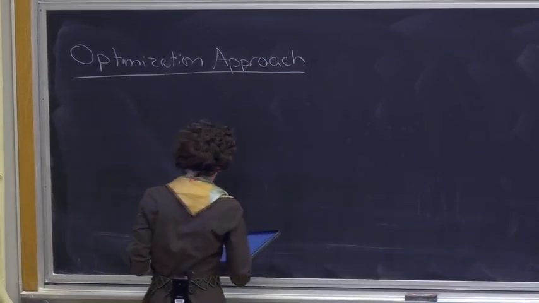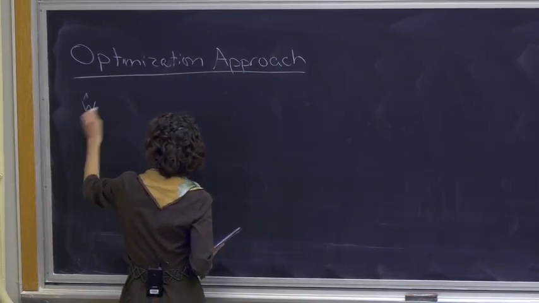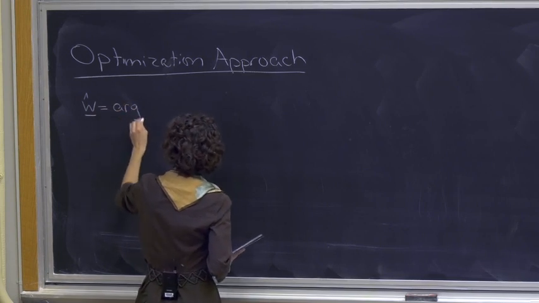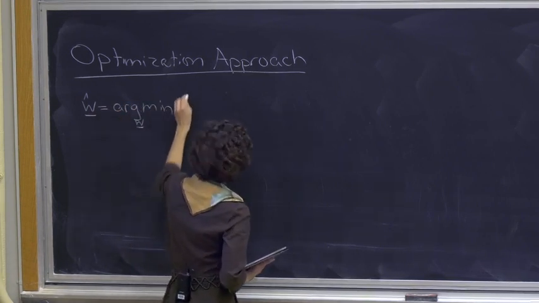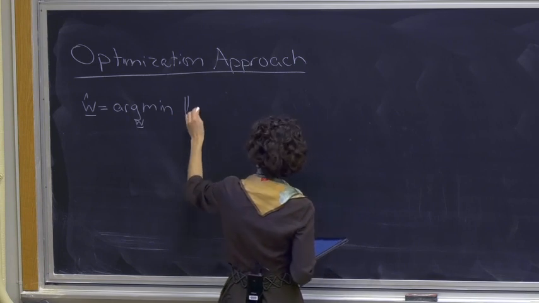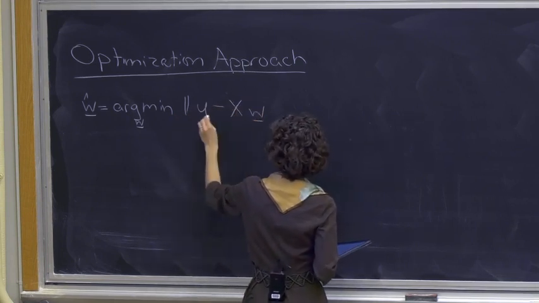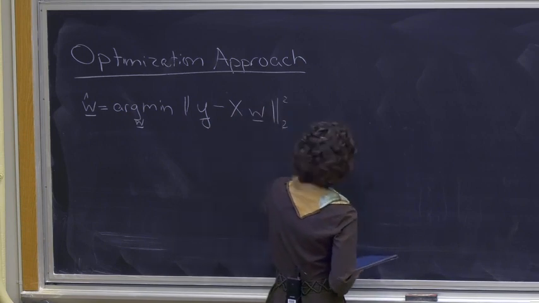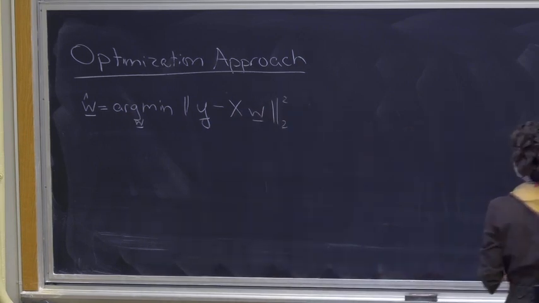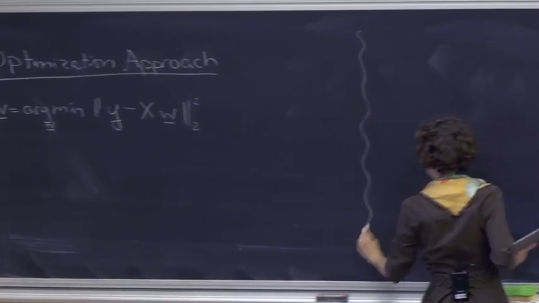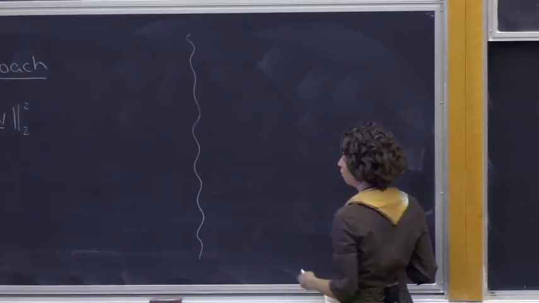Okay, so we said w hat is the argument w that minimizes this distance, y minus xw. And before we go much further, I'd like to talk a little bit more about these norms.